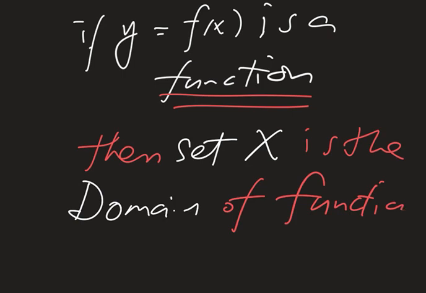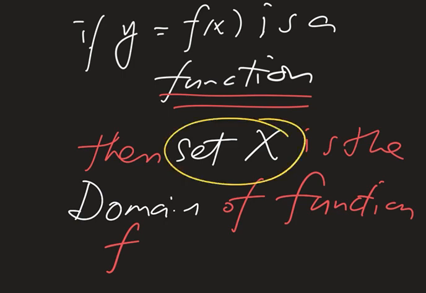Okay, let us look at this statement carefully. If y equals f(x) is a function, then set x, x is the element, set x is a domain of a function.